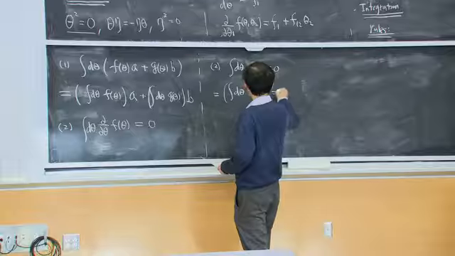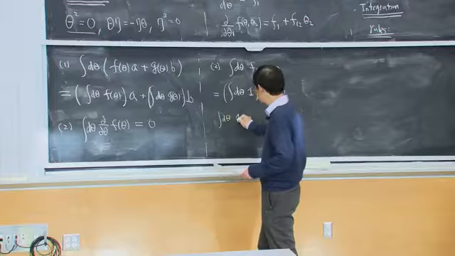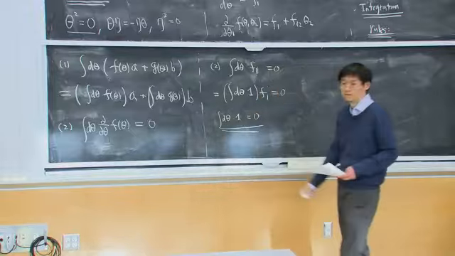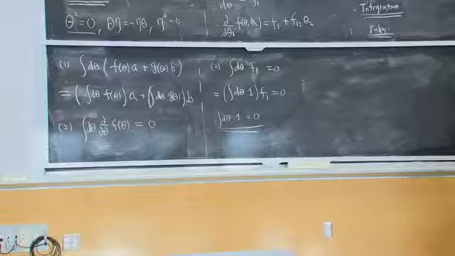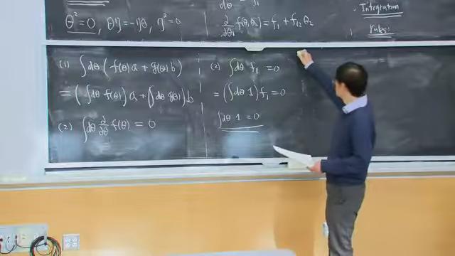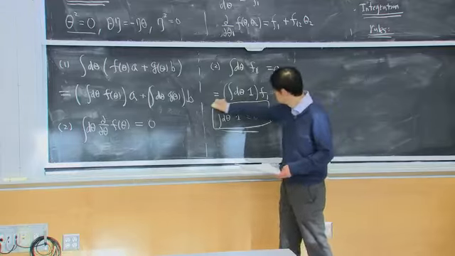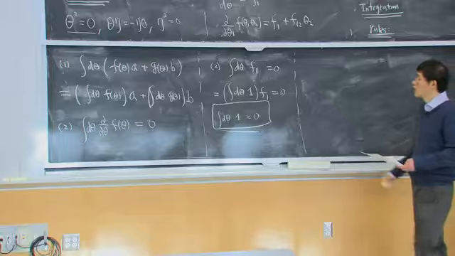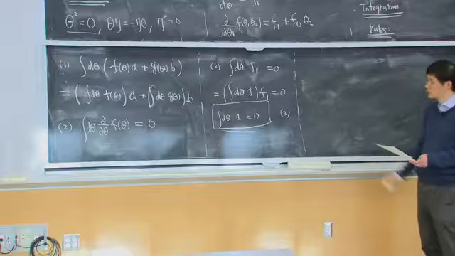So that means the integral d theta of 1 is equal to 0. Just d theta of any constant should be 0. So this is one thing we deduce. Let's call this property 3, equation 3. This of course follows from 1 and 2.